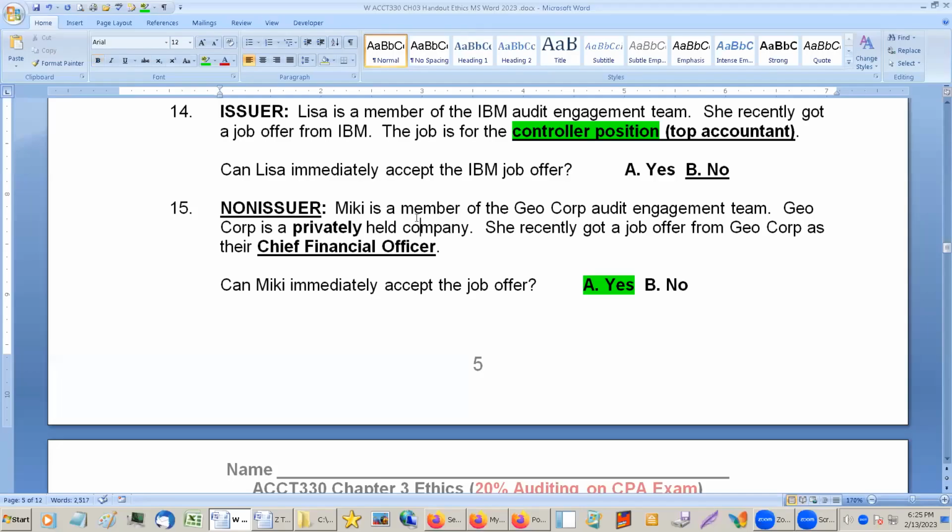Part of that is the size. It's really different to be chief financial officer of a company that has 180 people than of a company that has 180,000 people. So you probably will go in at a higher position if you go into a smaller company.